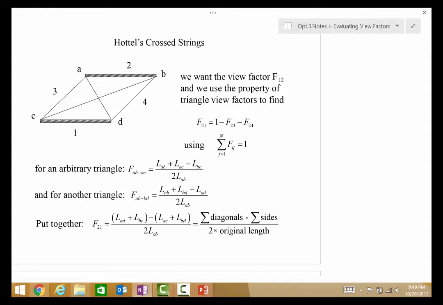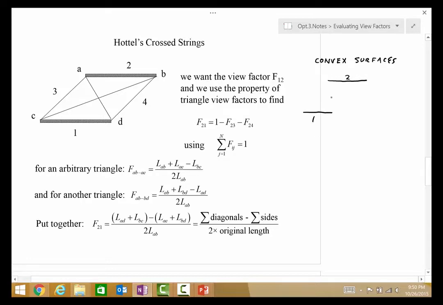The Hottel cross-string method takes into consideration that as long as we have convex surfaces, by the convexity of the surface, it means that none of these surfaces actually see themselves. So if we have, as we're showing here, surface 2 and surface 1, we don't want a curved surface.